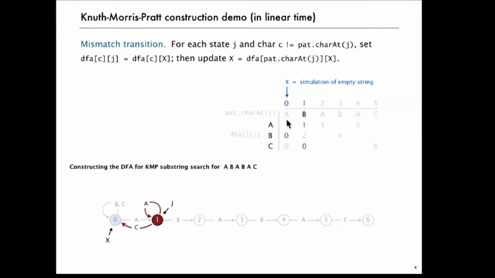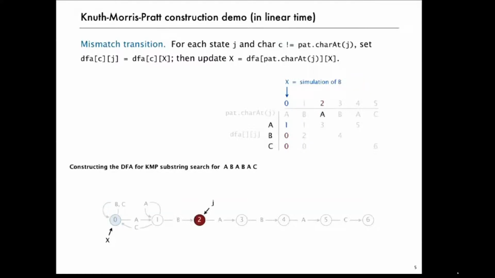And as you notice, that's just taking the entries we need from X's column and putting them in A's column. That's all it is. Then we need to update X, which is where it would be if it maps to B. So we'll say X will stay in state 0.